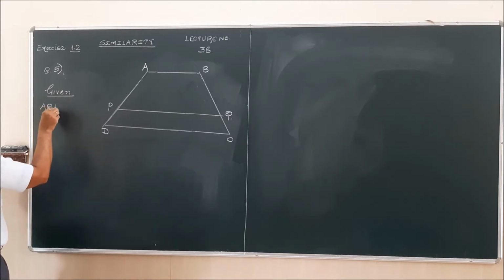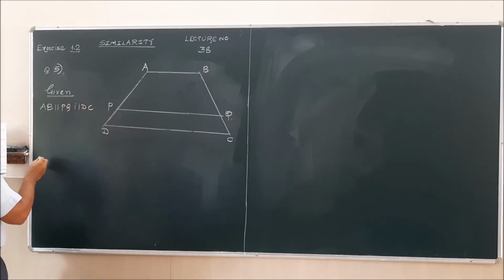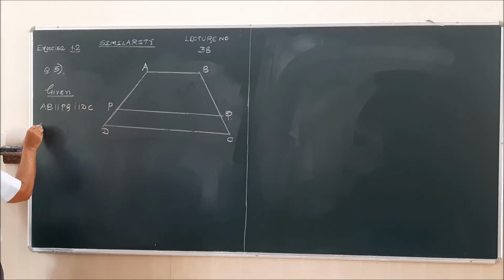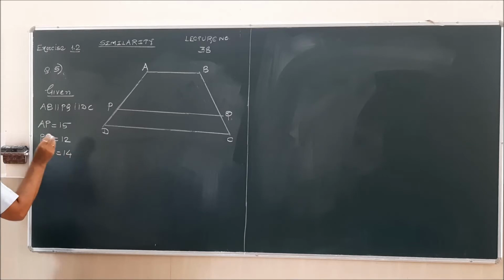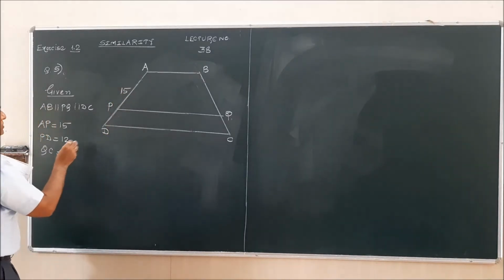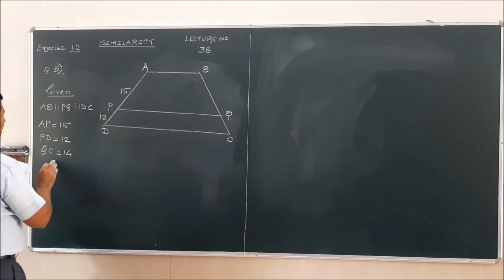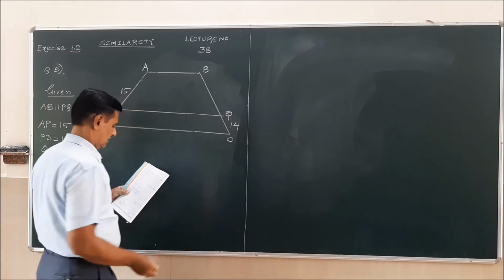AB parallel to PQ parallel to DC. PD is 12, AP is 15, that is important. AP is 15, then PD is 12, QC is 14, fine.